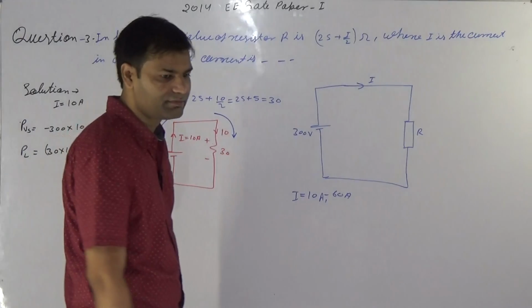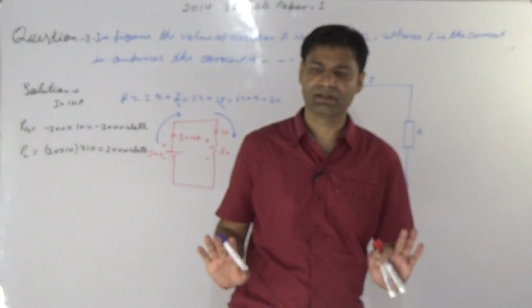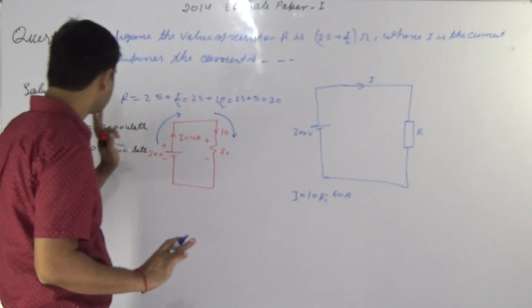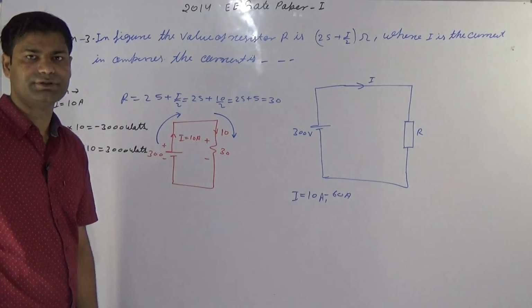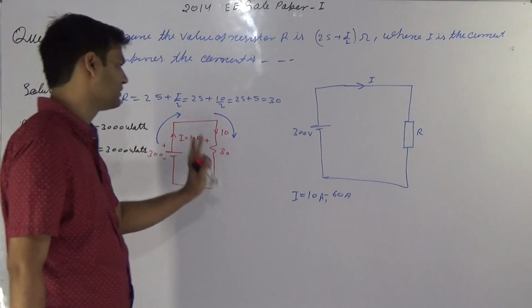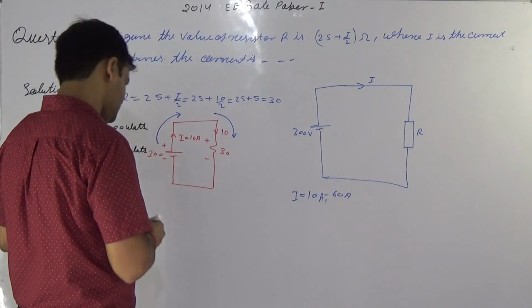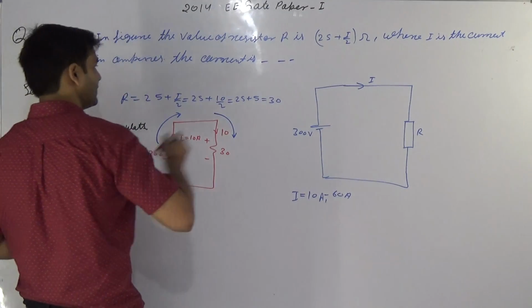Naturally, a resistance always absorbs power. It is clear that 10 satisfies the equation. The first one, 10, is the right answer.